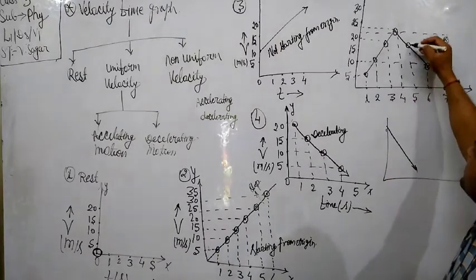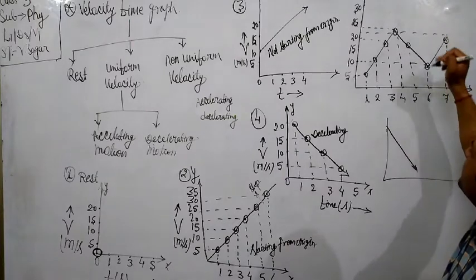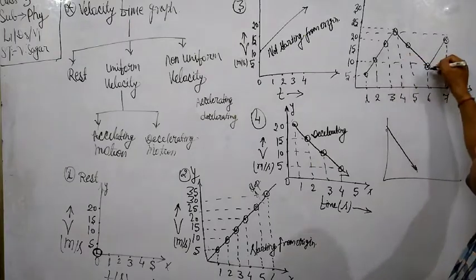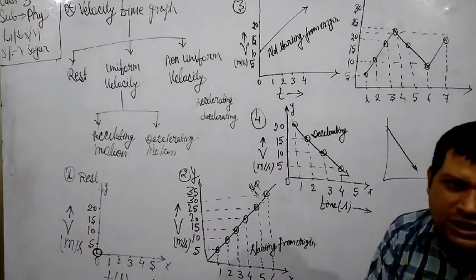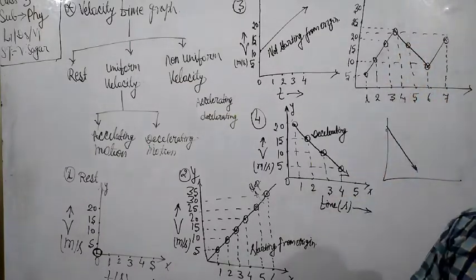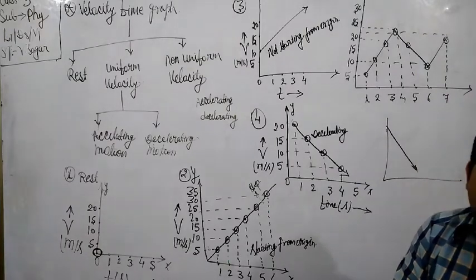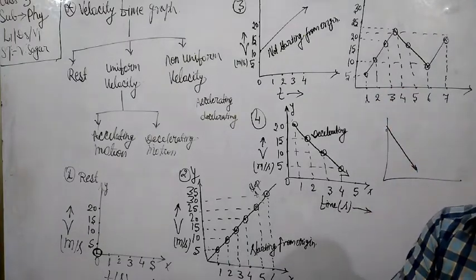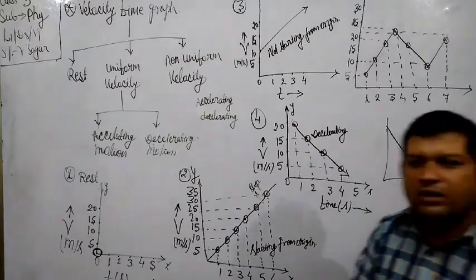After that we observe the velocity decreases and becomes 10 meters per second. Then in 6 seconds it is 10 meters per second, and after 7 seconds the velocity again reaches 20 meters per second. So here we observe that the velocity is increasing or decreasing, and both happen after fixed intervals. So this is mixed velocity, we can say, right?